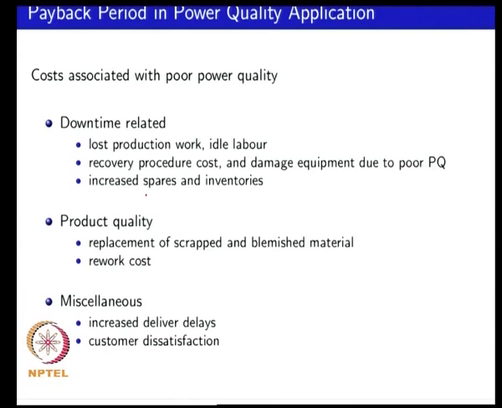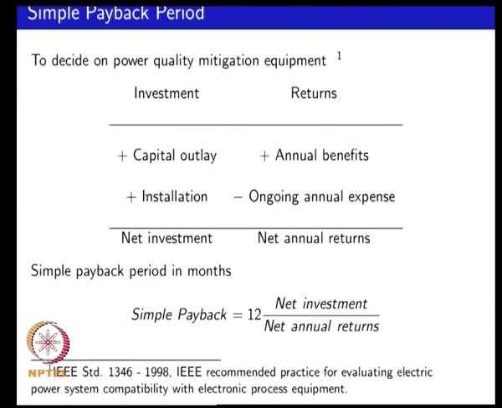And the question is what could you do to decide when you should do something to mitigate this problem of poor power quality. One way to do it is to look at your payback period, and looking at simple payback, you would know how much it is going to cost to purchase the power quality mitigation equipment.